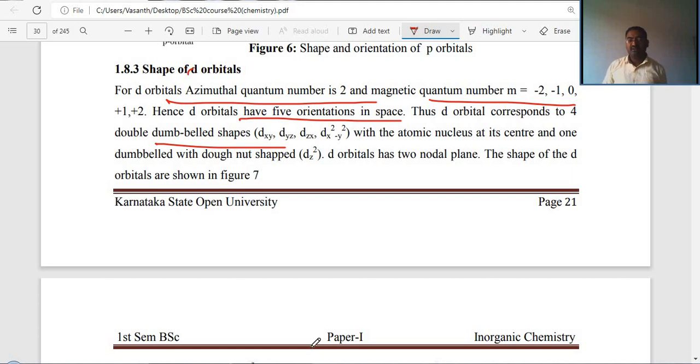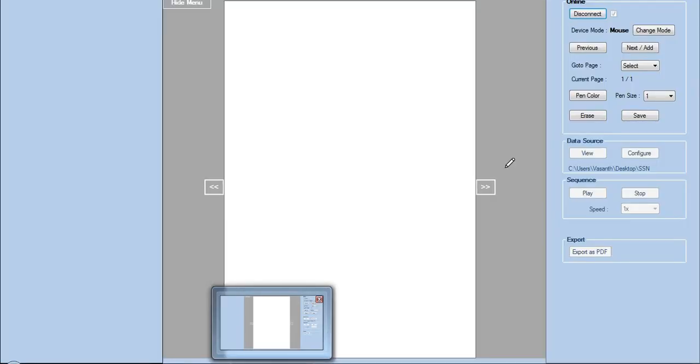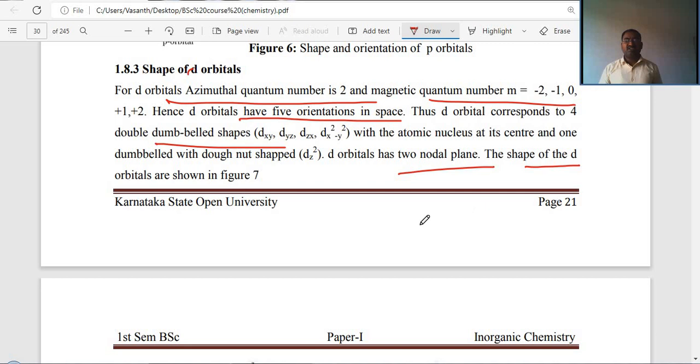The d orbitals have 2 nodal planes. The shapes of the d orbitals are shown in the figure.